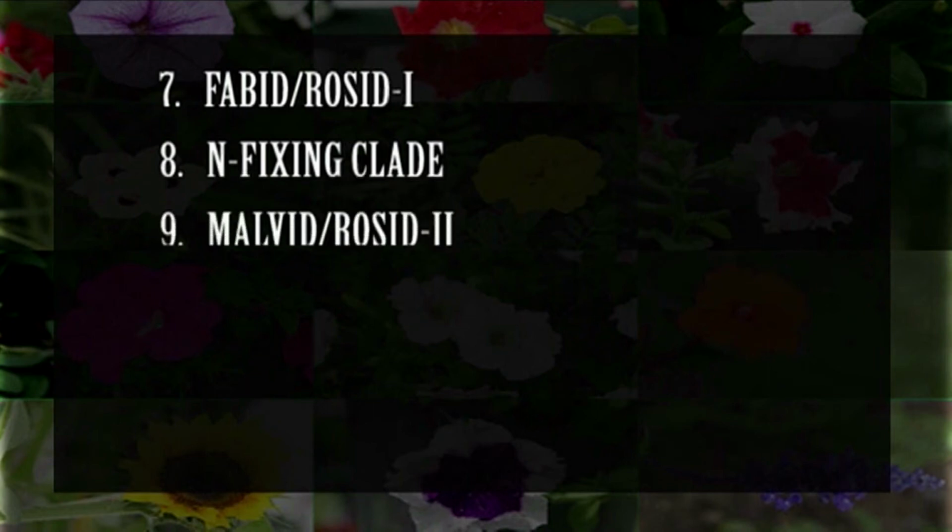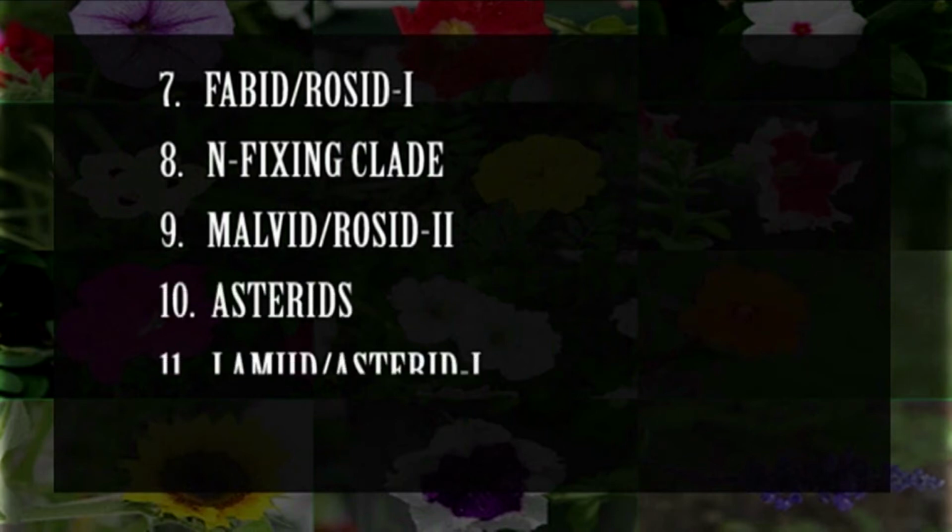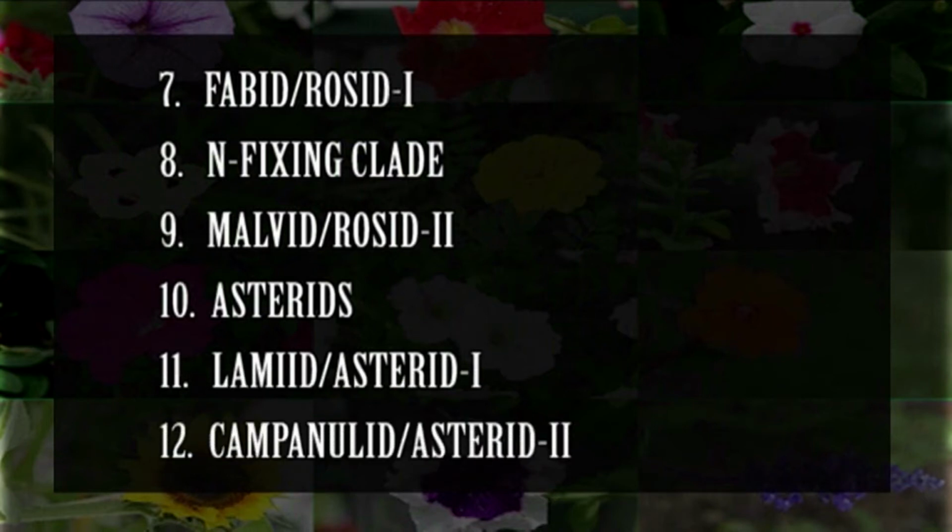Then the eighth one is the nitrogen-fixing clade. The ninth one is malvids, or sometimes called rosids second. The tenth one is asterids. The eleventh, lamiids, or sometimes called asterids first. And the last, twelfth, is campanulids, or asterids second. These are the 12 informal clades recognized above the rank of order.